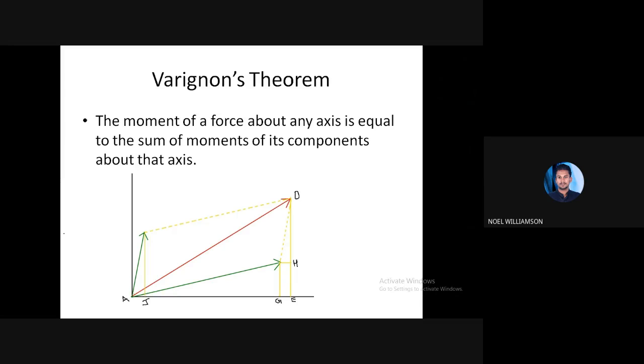The moment of a force about any axis equals the sum of the moments of its components about that axis. Suppose you have a force like this, the red one, with two components, F1 and F2. Together they make the force F. F is the resultant of F1 and F2, or F1 and F2 are the components of F. You can define it in both senses.